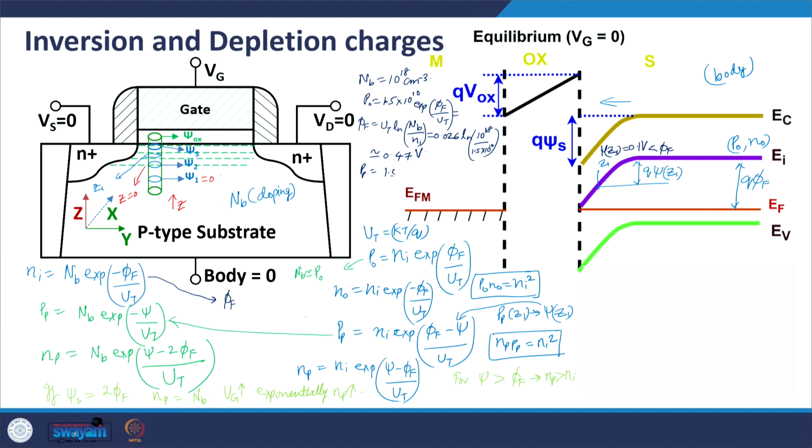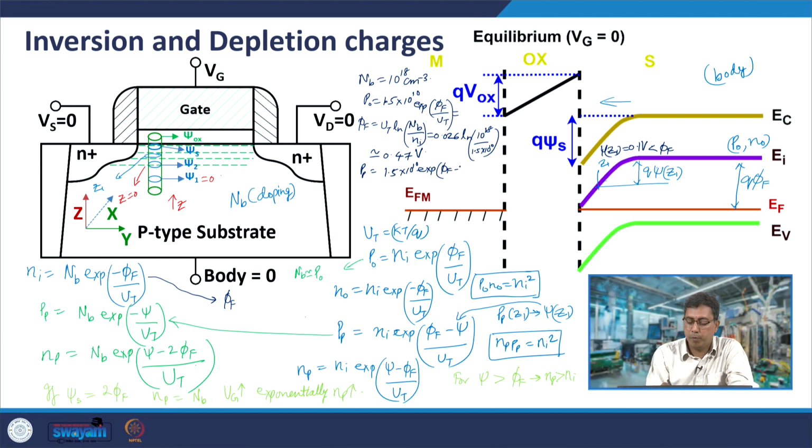That is 1.5 into 10 to the power 10, which is Ni, times exponential of (0.47 volts minus 0.1 volts) divided by 0.026, which is thermal voltage. So, this turns out to be nearly 10 to the power 16 per centimeter cube. So, you can see that as you move slightly into the depletion region, there is a 2 orders of magnitude reduction in the hole concentration.